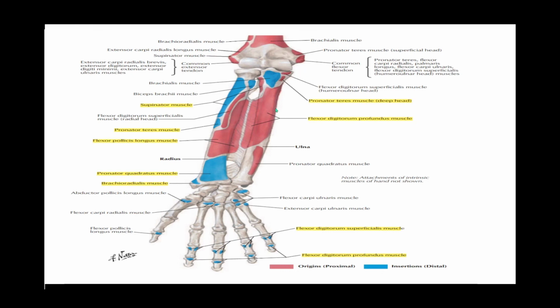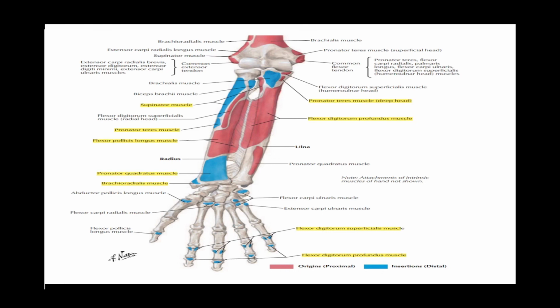So we've got the common flexor tendon that gives origin to so many muscles: still part of the pronator teres, the flexor carpi radialis, the palmaris longus, the flexor carpi ulnaris, and the humeral part of the humeral-ulnar head of the flexor digitorum superficialis. So you see how I said that?